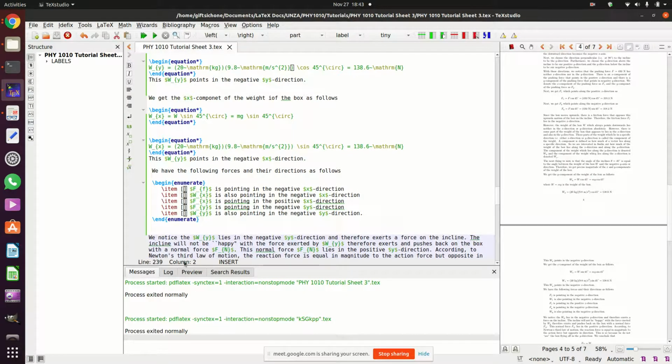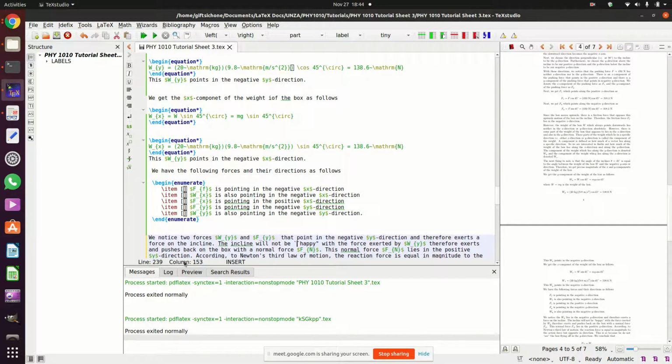So we notice two forces, Wy and Fy, that point in the negative y direction, and therefore exert a force on the incline.